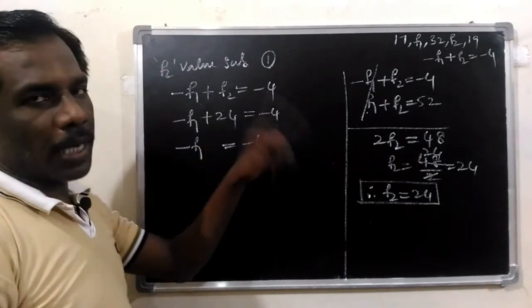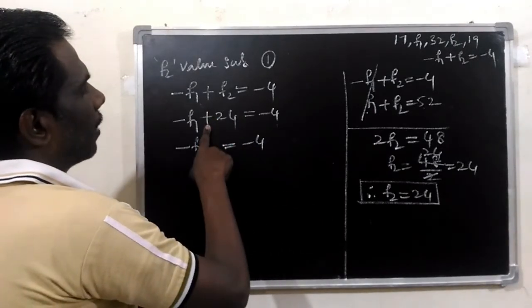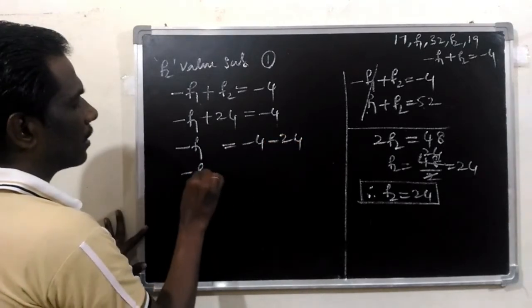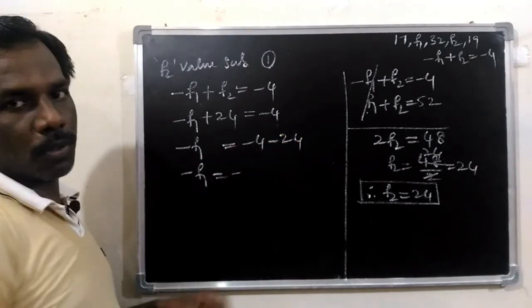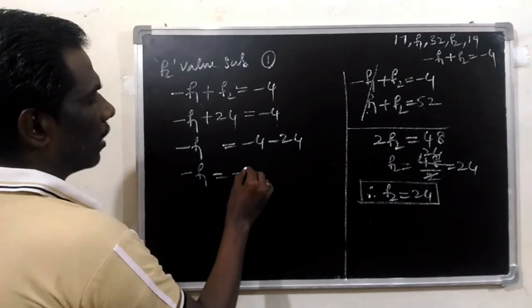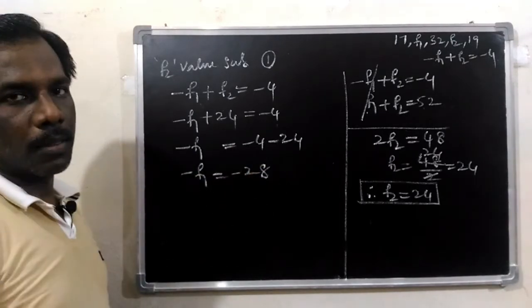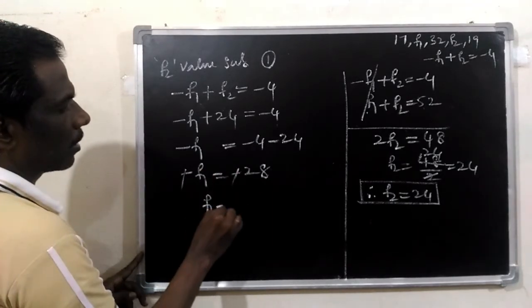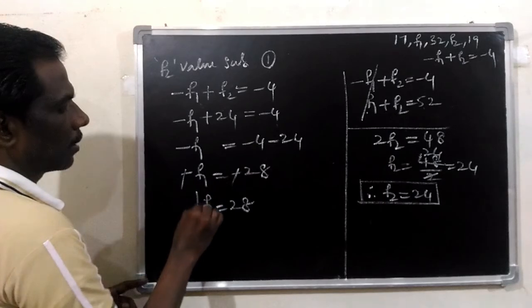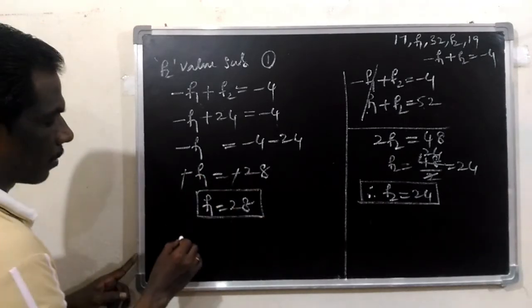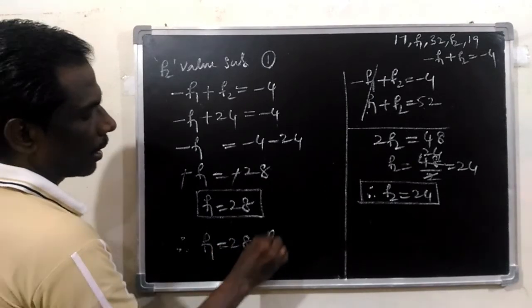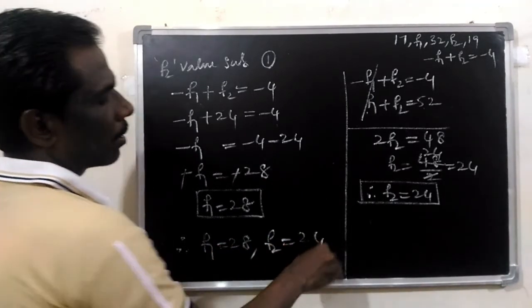Transfer this 24 to the right side, so plus 24 becomes minus 24. Minus f1 is equal to minus 4 minus 24, which is minus 28. You can cancel the minus on both sides. Now f1 is equal to 28. Therefore, f1 is equal to 28 and f2 is equal to 24.